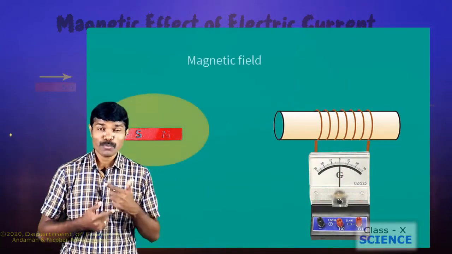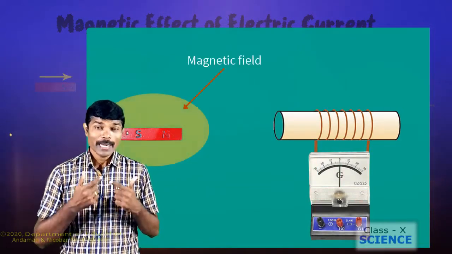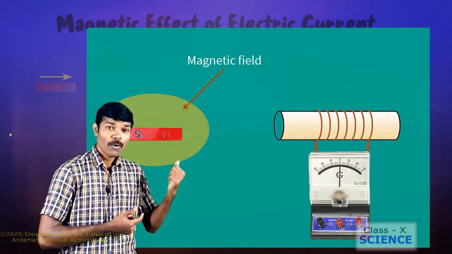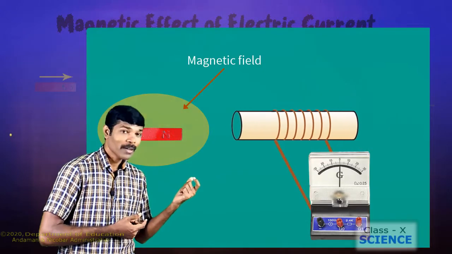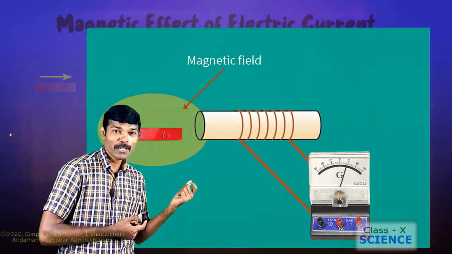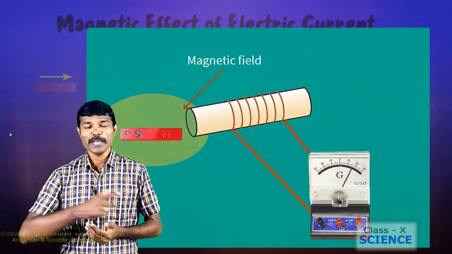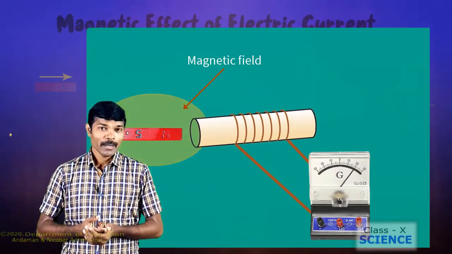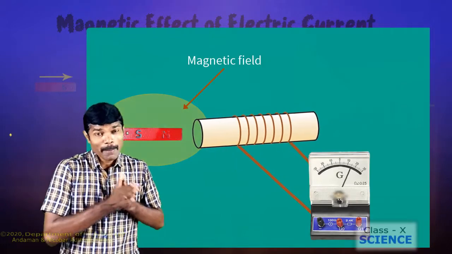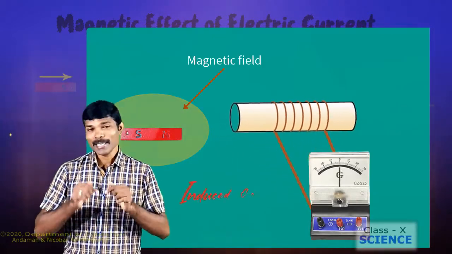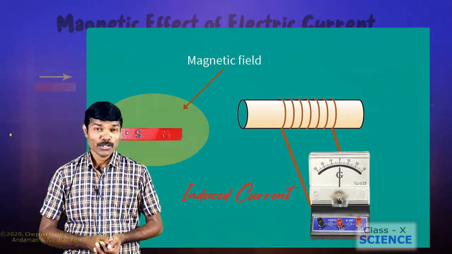Now I am going to move the conductor in the magnetic field. When the conductor is brought inside the magnetic field, you can see again the needle of the galvanometer deflects, which shows that the movement of a conductor in a magnetic field also produces electric current. This electric current is called induced current.